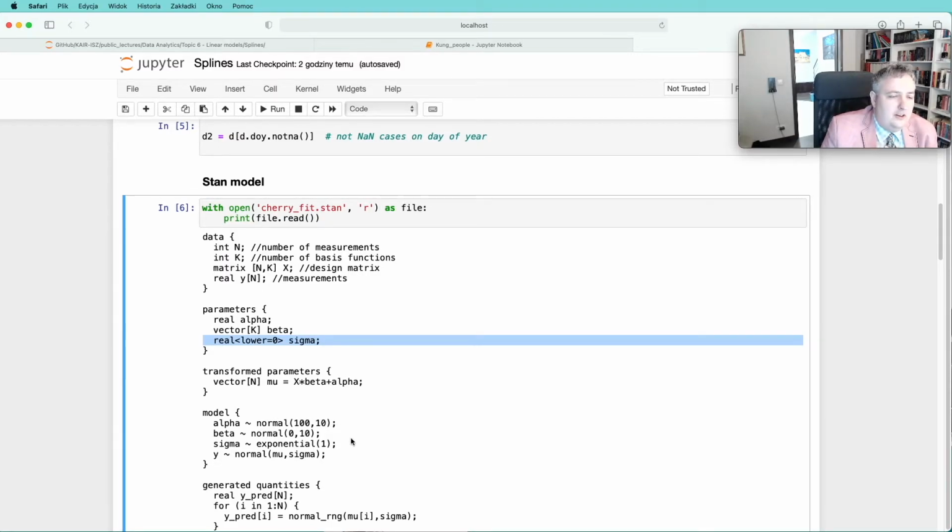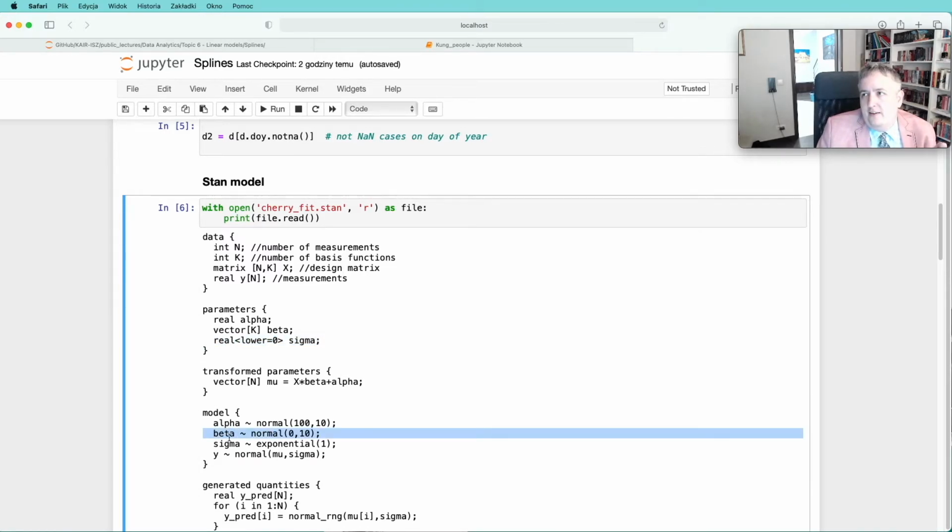In this case we set alpha to 100, so generally between April and May, with an appropriate standard deviation and broad priors for each of the betas, because we don't have any justification of giving any of the basis functions more weight than others.